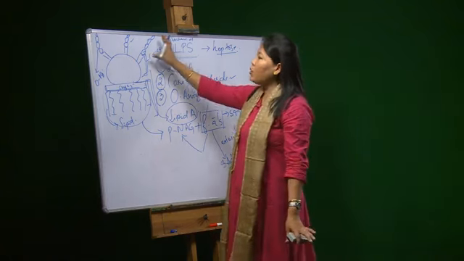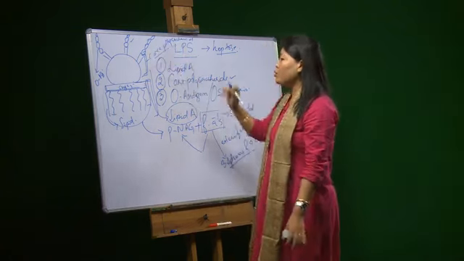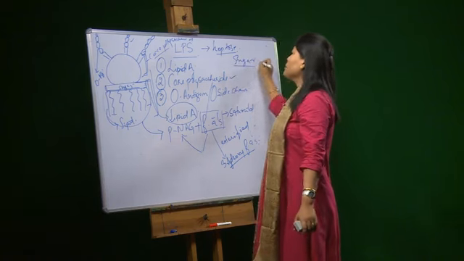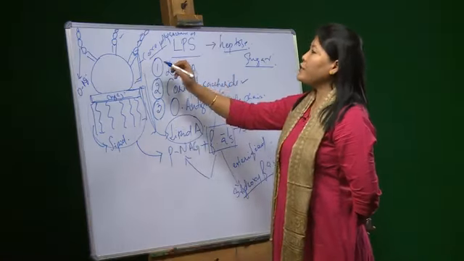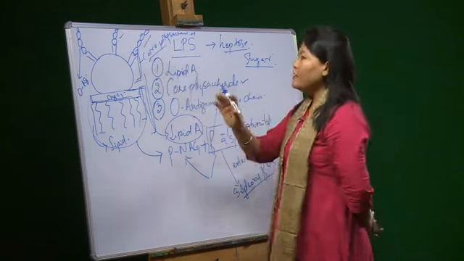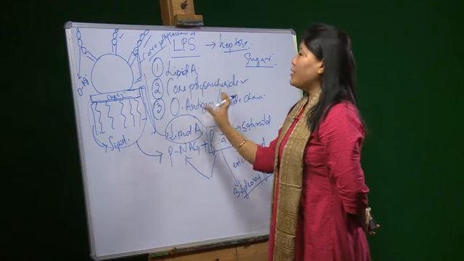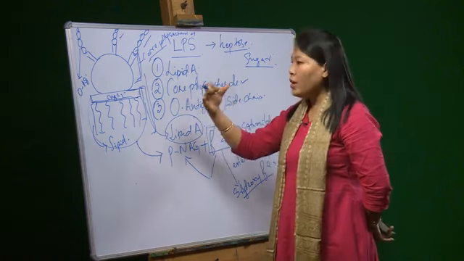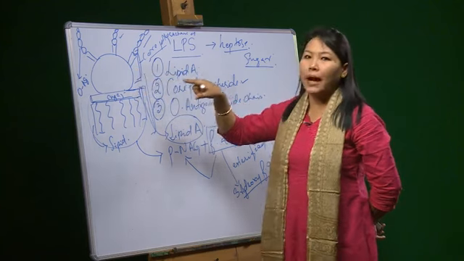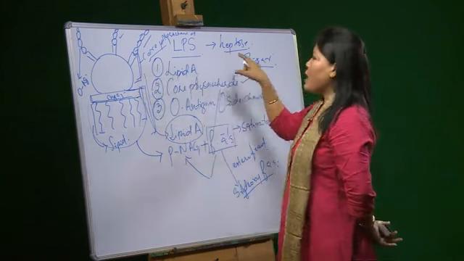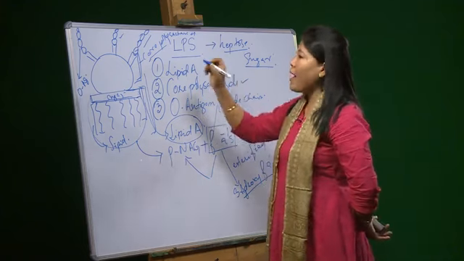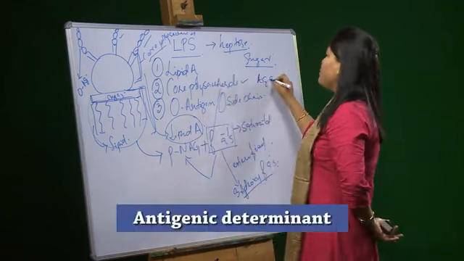Next, coming to the O antigen or the O side chain. The O antigen is also composed of sugar molecules. When we compare the core polysaccharide with the O antigen structurally, the O antigen is much longer than the core polysaccharide. Coming to the biological function of the O antigen, it serves as an antigenic determinant.